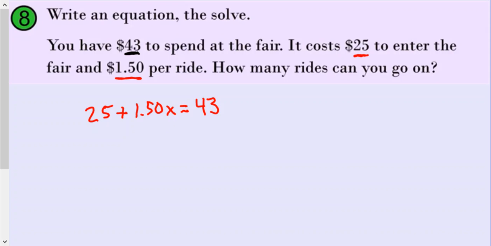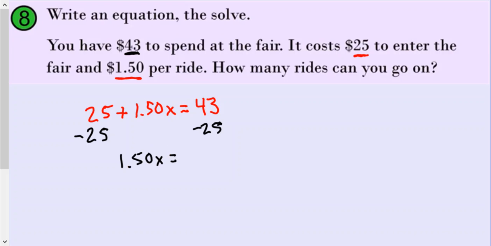Okay, so in order to solve this equation, the first thing we're going to have to do is isolate the variable, so we're going to get rid of this 25. So 25 minus 25 on both sides. And then we'll be left with $1.50 times the number of rides.